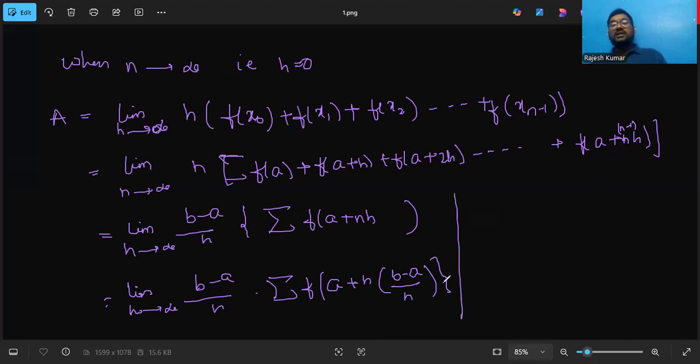In the special case, let a equal 0 and b equal 1. The area can be written as the integral from 0 to 1 of f of x dx.